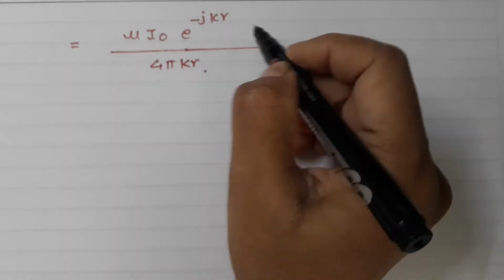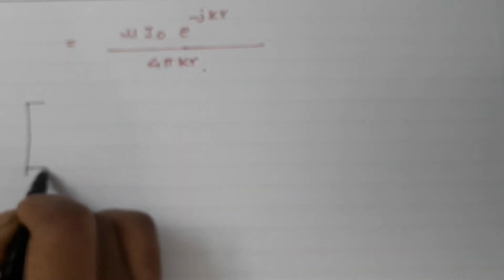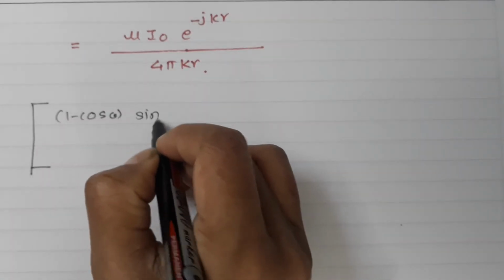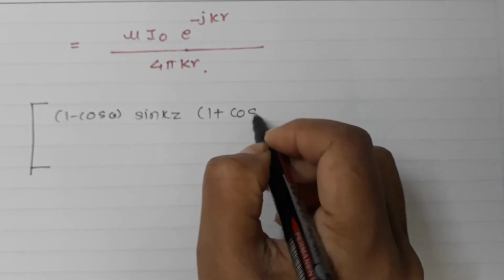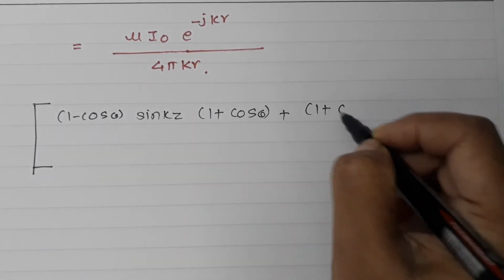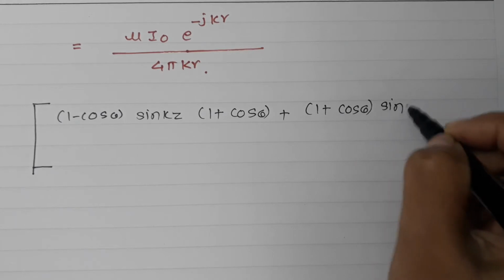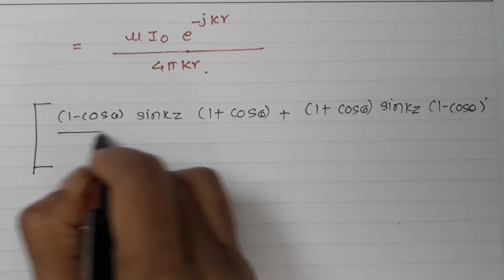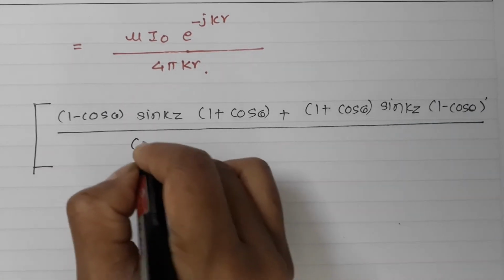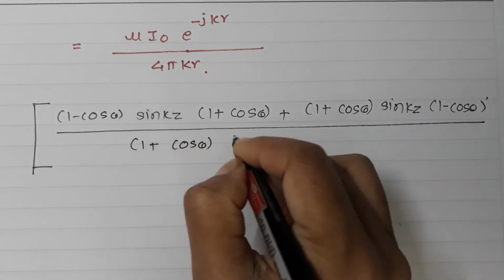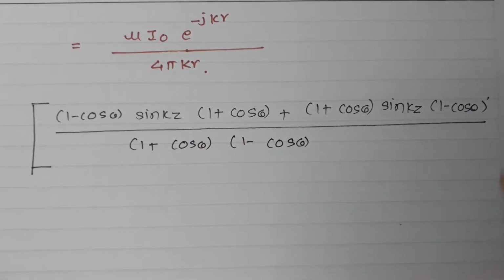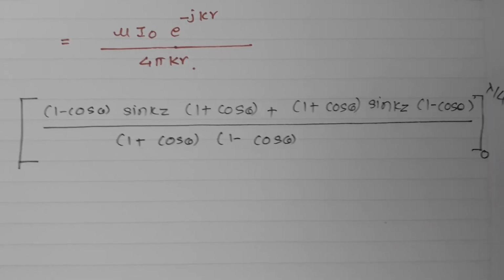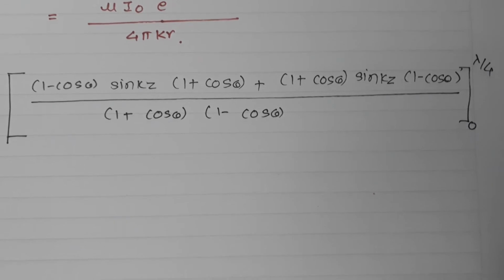I'll write it down. It's a huge equation. It will be [(1 - cos θ) sin(kz(1 + cos θ)) + (1 + cos θ) sin(kz(1 - cos θ))] divided by (1 + cos θ)(1 - cos θ), and here the limits vary from 0 to λ/4, as our length is λ/2.